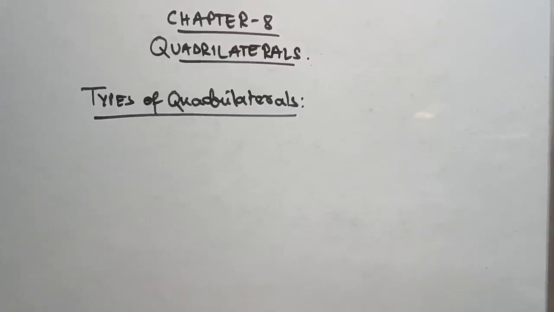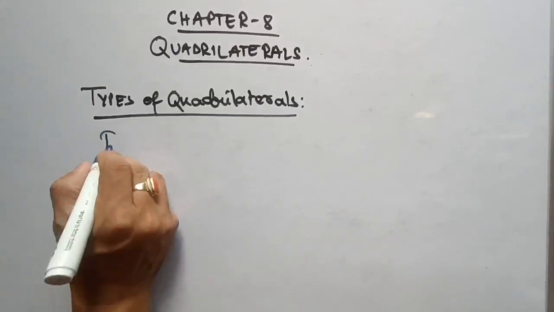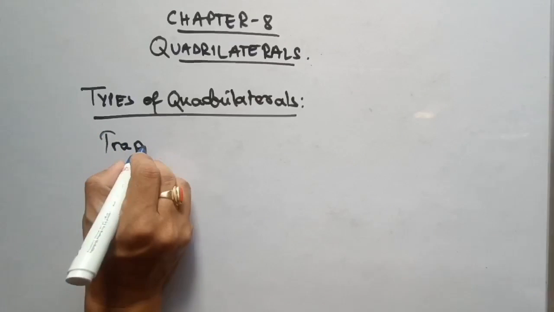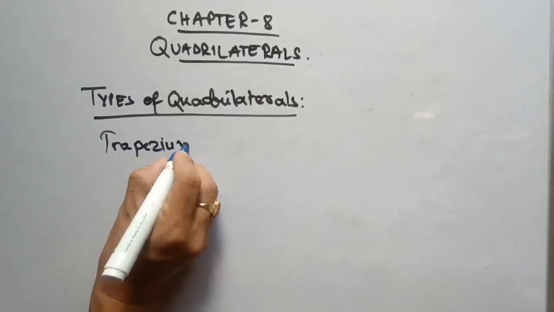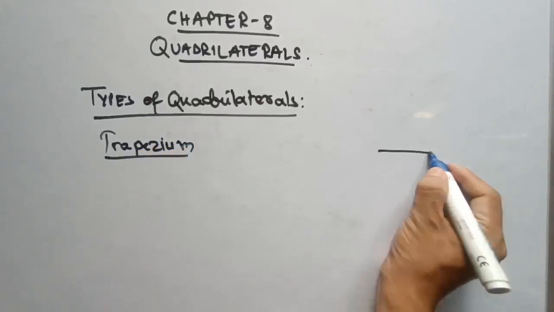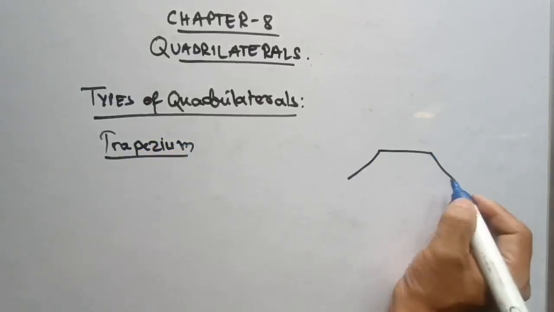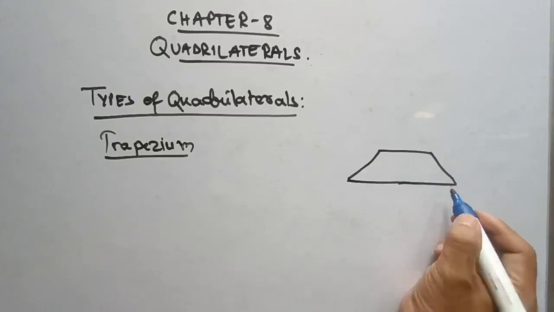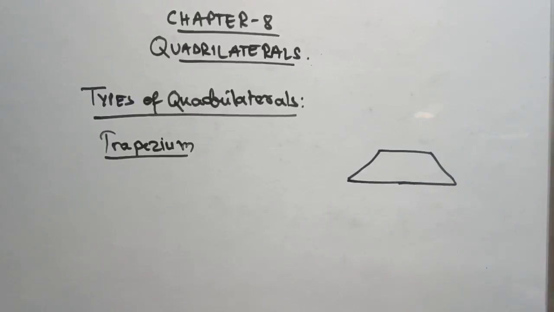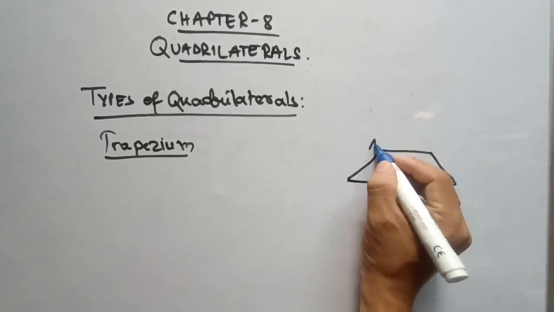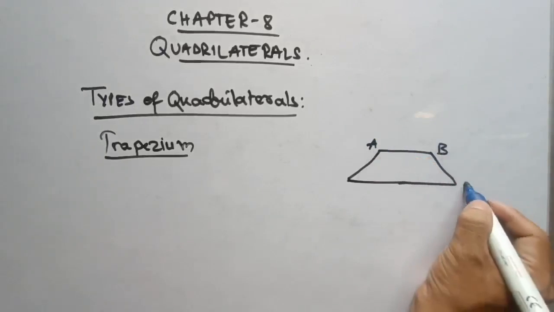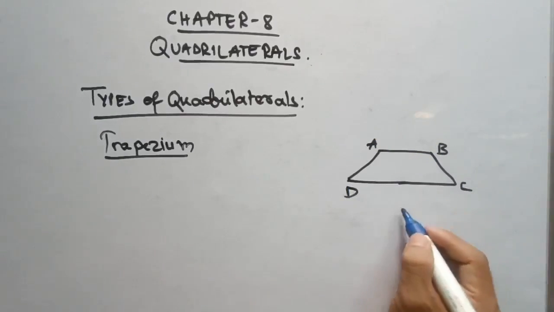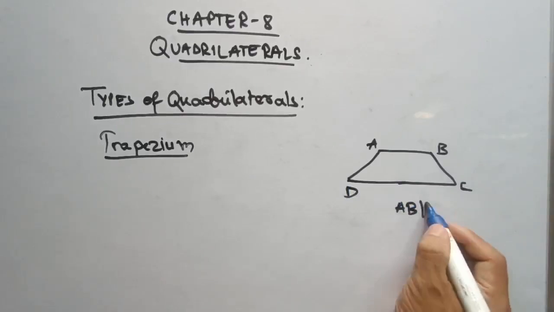Now let us know about the types of quadrilaterals. First one is trapezium. If in a quadrilateral, one pair of opposite sides are parallel to each other, then such type of quadrilaterals are known as trapezium. So in this quadrilateral ABCD, AB is parallel to CD.